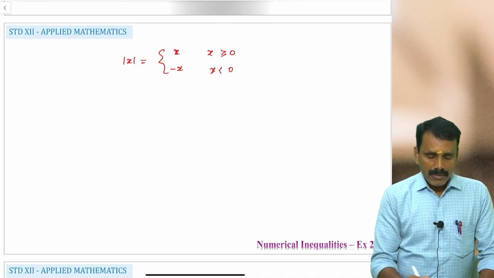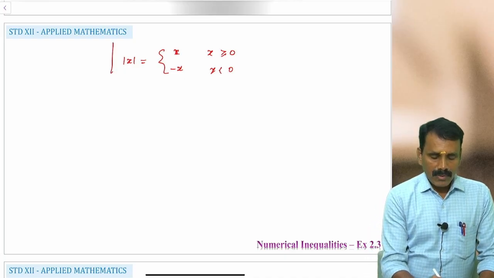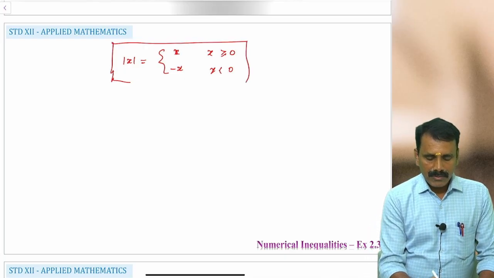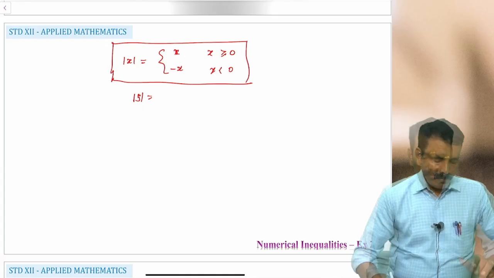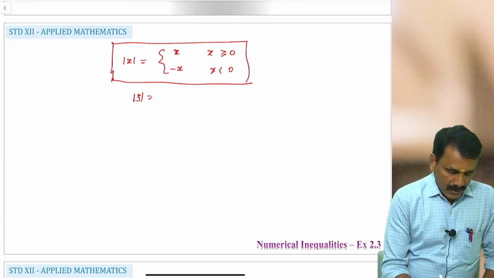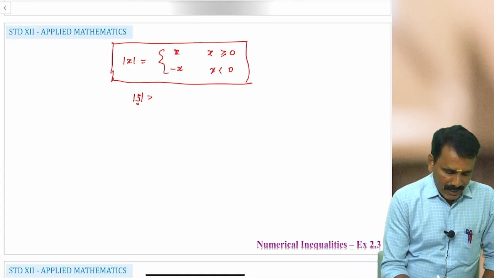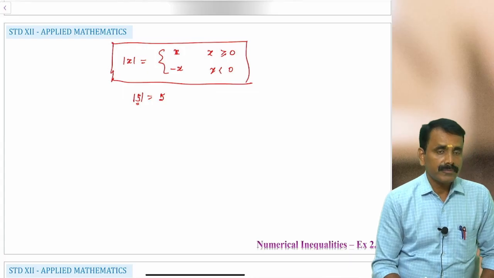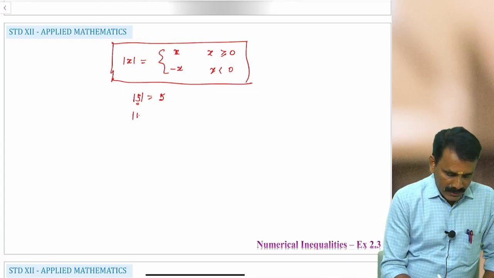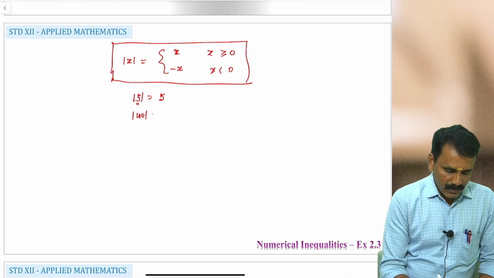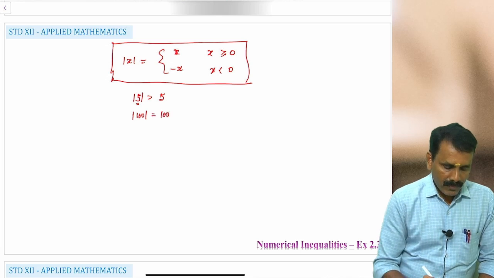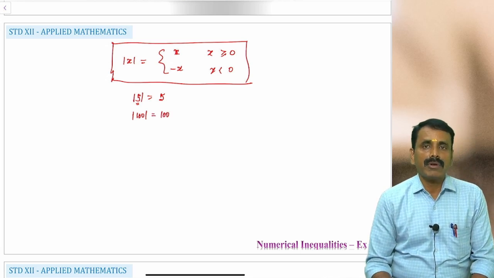So, this is the rule of the modulus function. Modulus of 5 is equal to 5. The number 5 is positive, so we take the answer as 5 itself. Modulus of 100 is equal to 100 itself, because it is a positive number, more than 0.